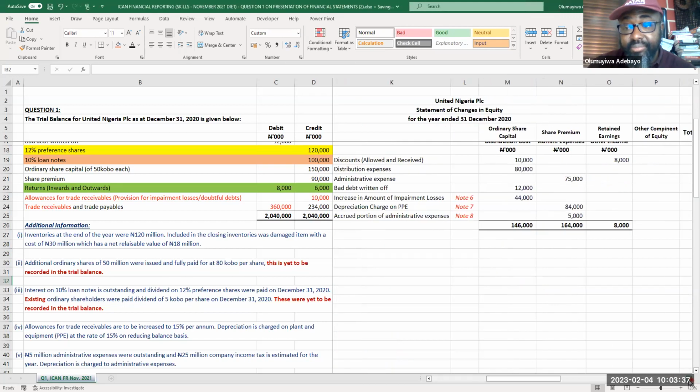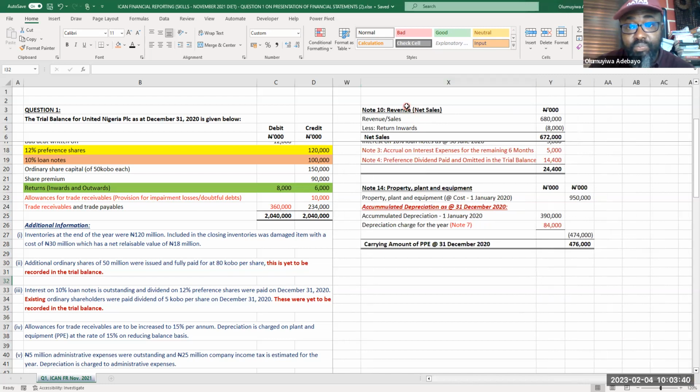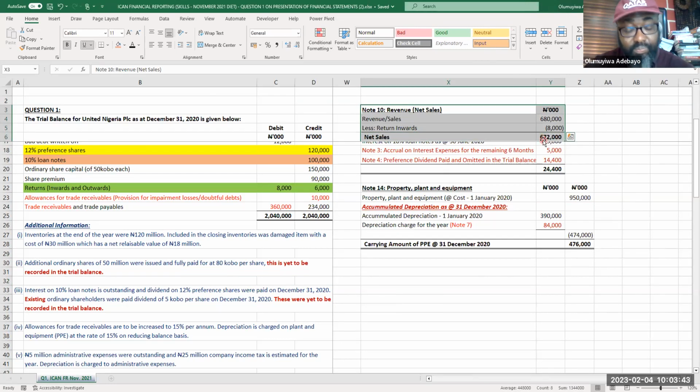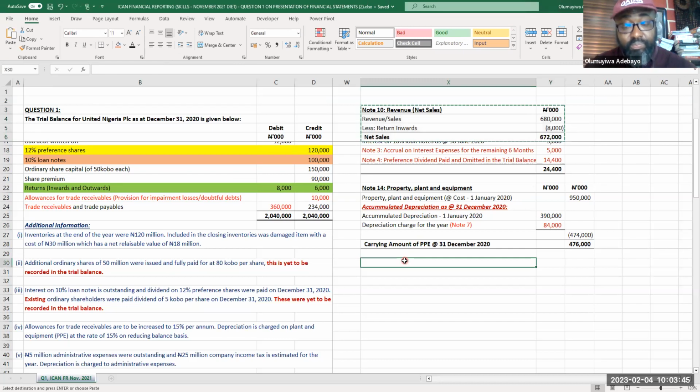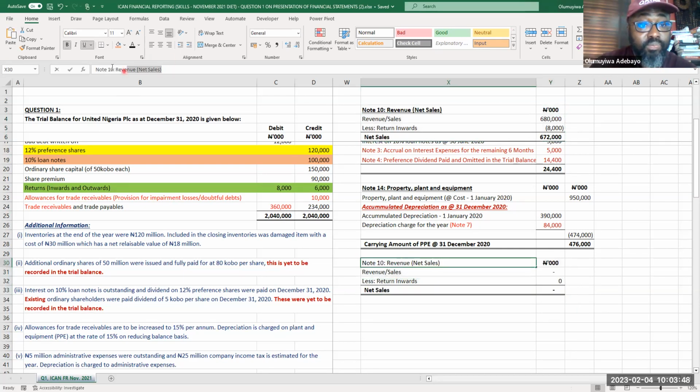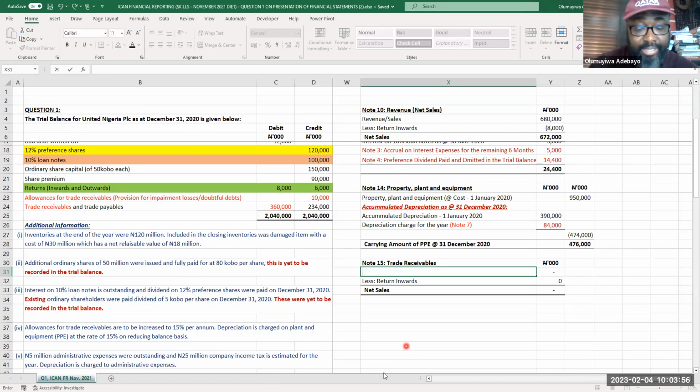You can do note 15. Which means my trade receivable is my trade receivable opening balance, less my allowance for impairment losses at the end.